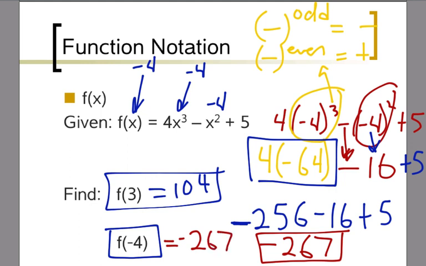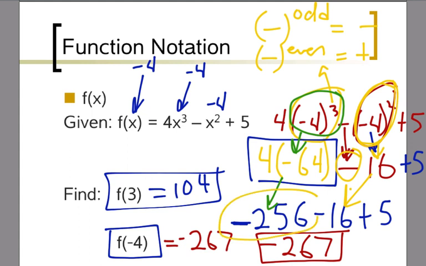So again, as you're working through this, just make sure that when you take your negative 4 to the third power, you get a negative 64, and that gives you your negative 256. And when you combine over here on the negative 4 squared, you get a positive 16, which had a minus sign out in front, and you bring that down.